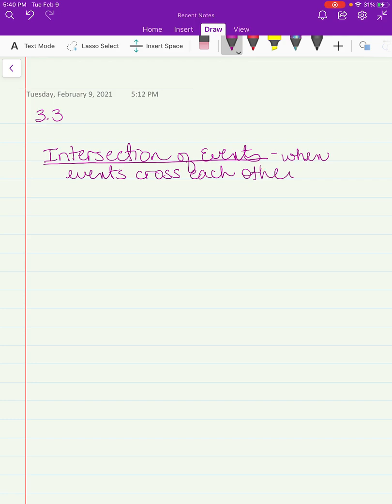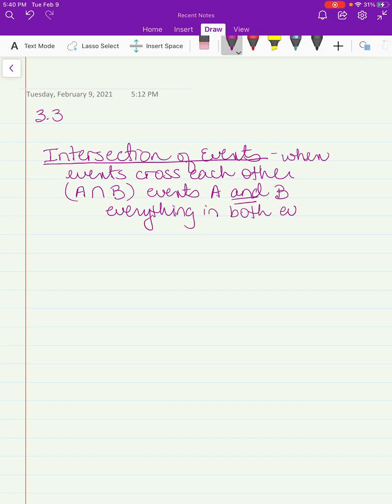The symbolism that you're going to use is an upside down U. So this is events A and B. And is your key word there. And it is everything in both events, but nothing is repeated.